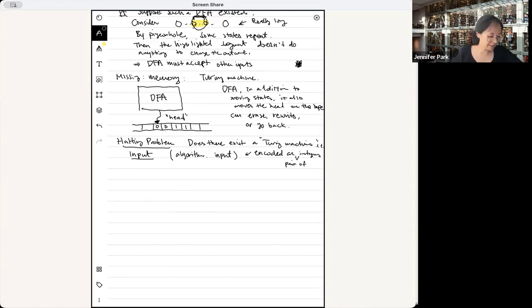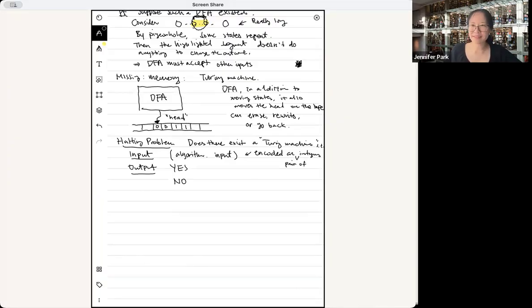And then the output is either yes or no again. I forgot to say something. The other problem that the Turing machine has is that it doesn't have to terminate anymore.